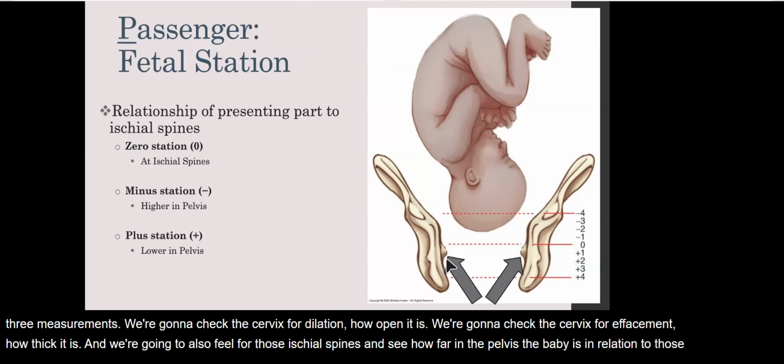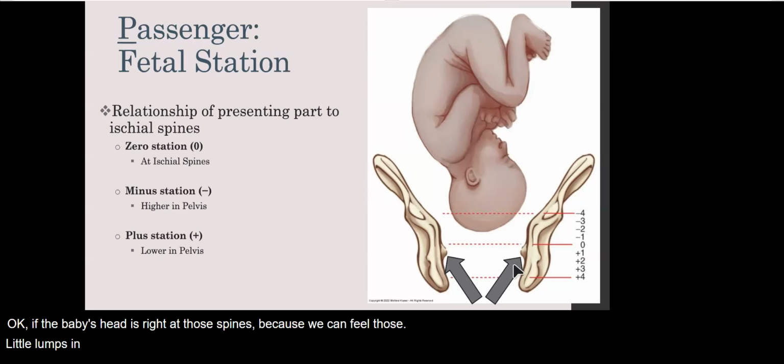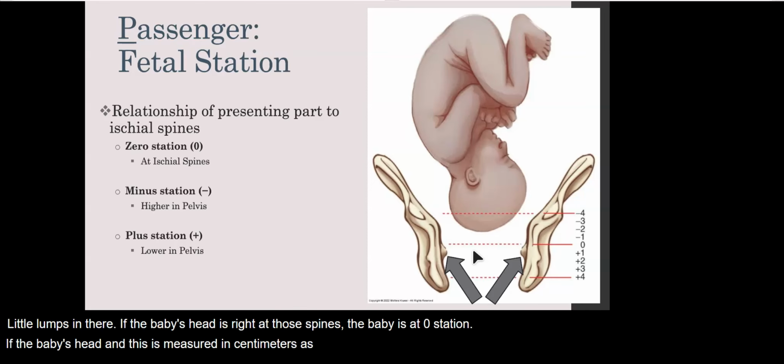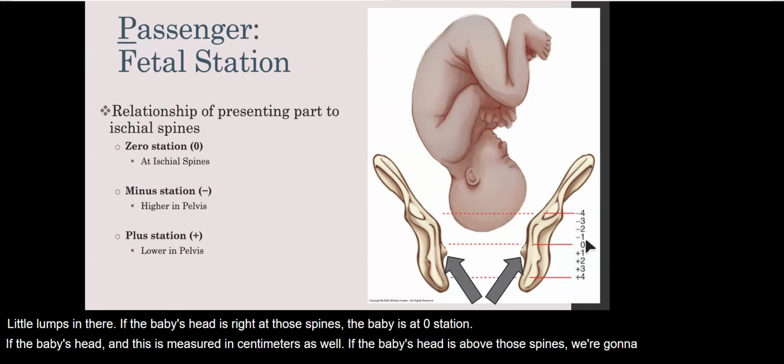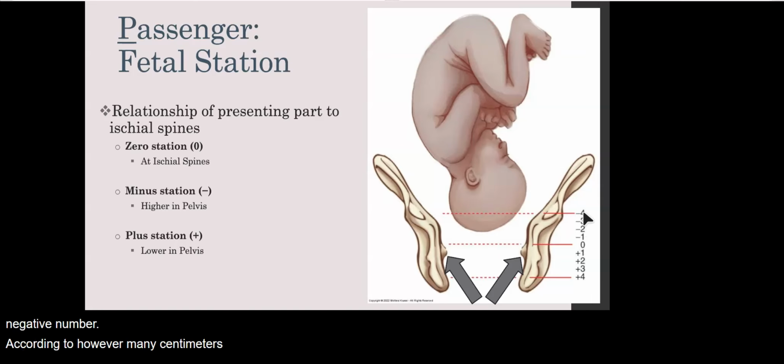Okay. If the baby's head is right at those spines, because we can feel those little lumps in there, the baby is at 0 station. If the baby's head, and this is measured in centimeters as well, is above those spines, we're going to do a negative number according to however many centimeters above the spines that they are.